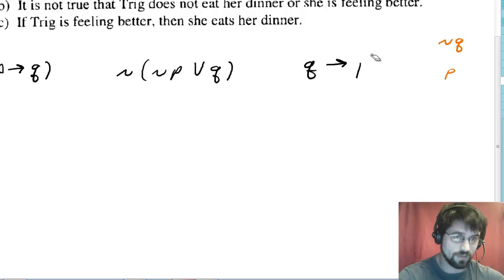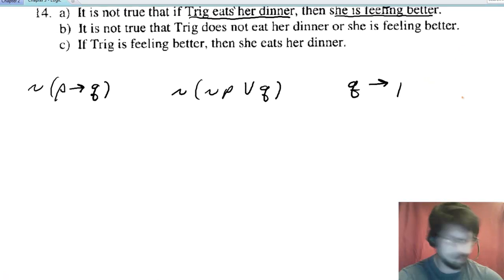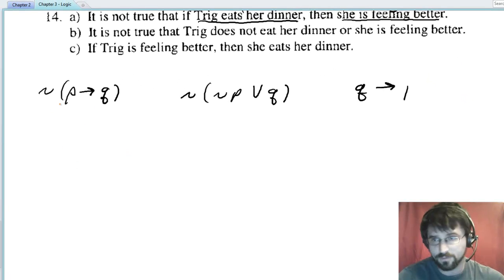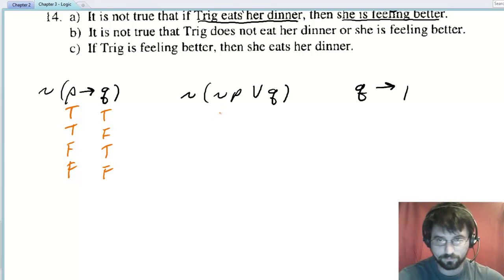But the alternative to that is you can make a truth table for all of them. You can say true, true, false, false, true, false, true, false, false, false, true, true, true, false, true, false.